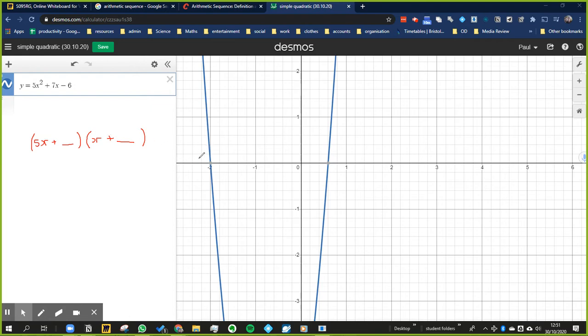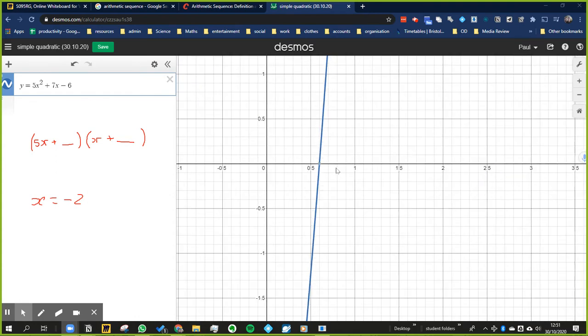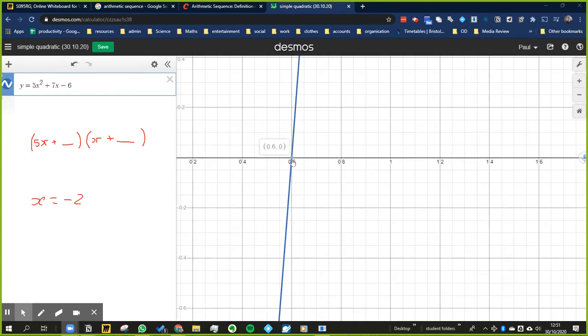It is a bit trickier though, actually. Well, we've got the values of x is equal to minus 2, or x is equal to, let me zoom in on that. Yeah, it's exactly 0.6.